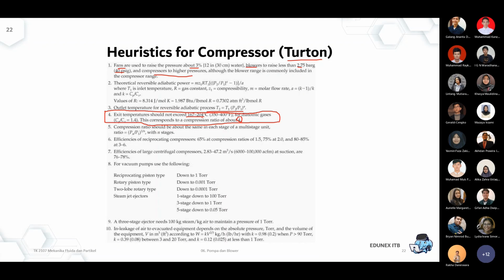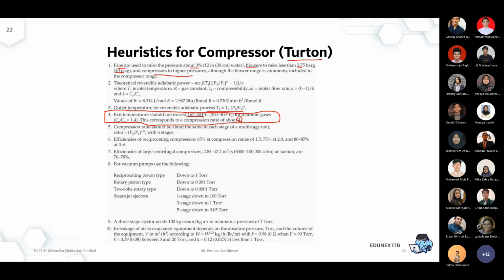Previously, with a compression ratio of 3, our exit temperature would be in the order of 140 to 150 degrees C. Now, if we limit to 4, the exit temperature will be around 167 to 200. But again, it's very uncommon to force it above 4, so that we're working with a very hot temperature above 200 degrees C.